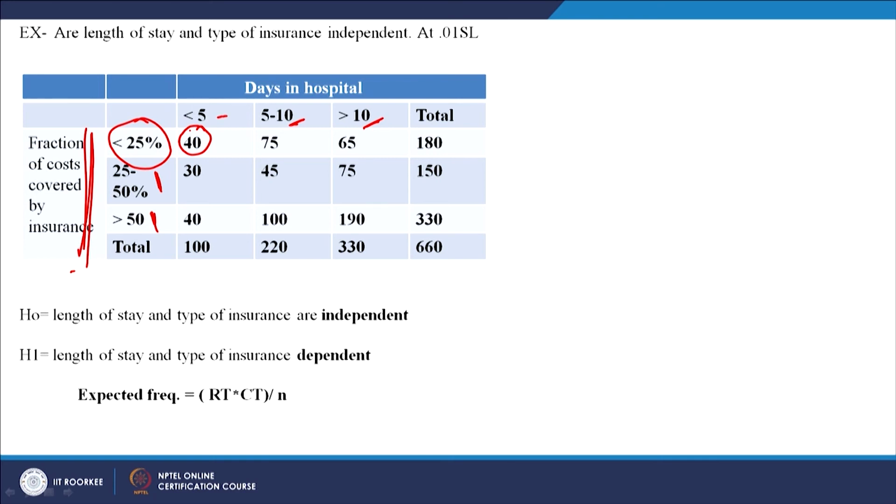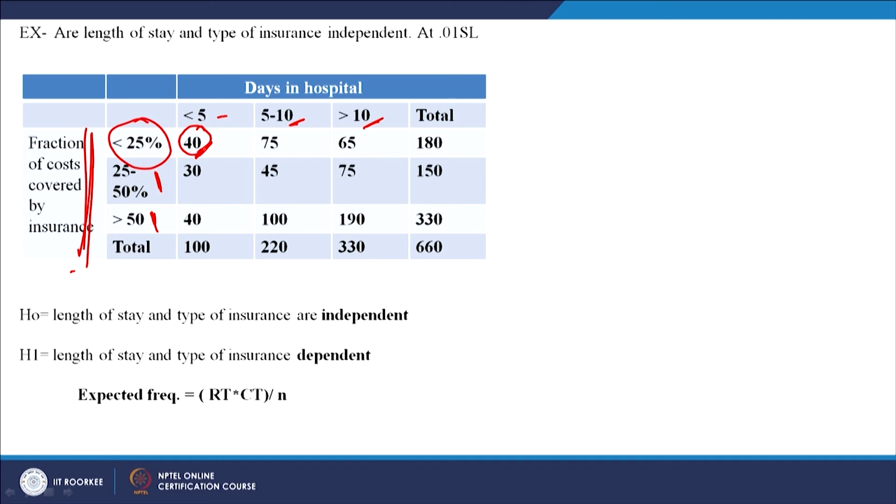So, the length of stay, when the fraction covered is less than 25%, there were 40 patients and the number of days in hospital is less than 5.